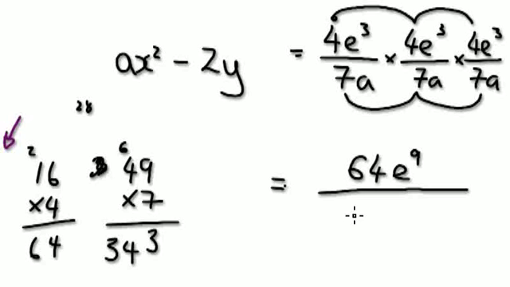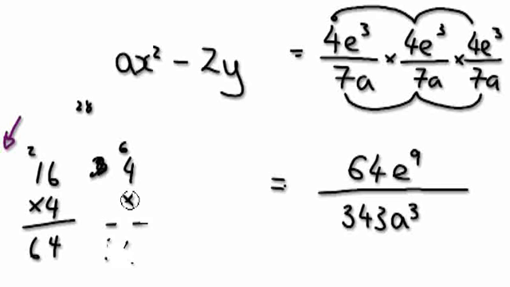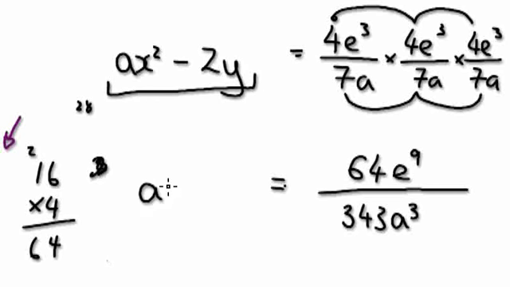So it would be 343a to the power of 3. Okay, let me just tidy this up. So what's on the left hand side is just ax squared minus 2y.